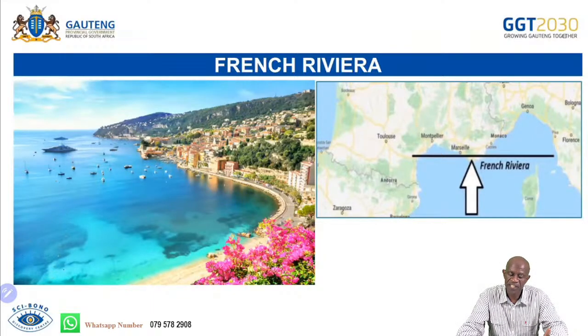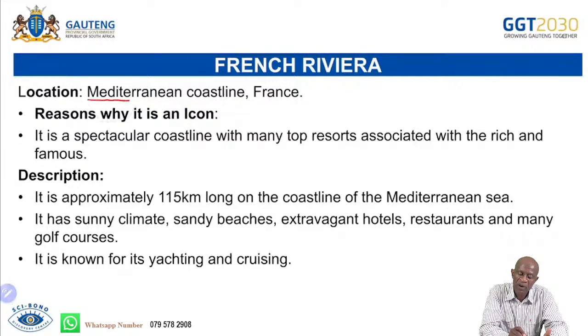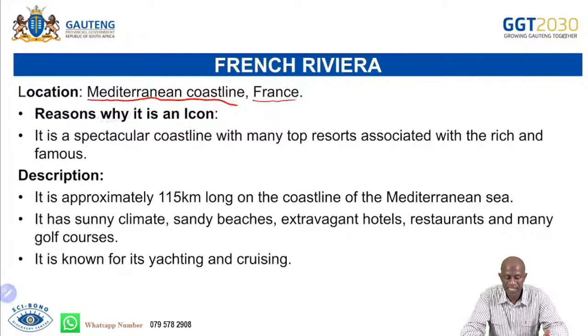The French Riviera, also found in France, in the continent of Europe. It is alongside the Mediterranean coastline. If you know the Mediterranean Sea, it is along that coastline and it is in France.